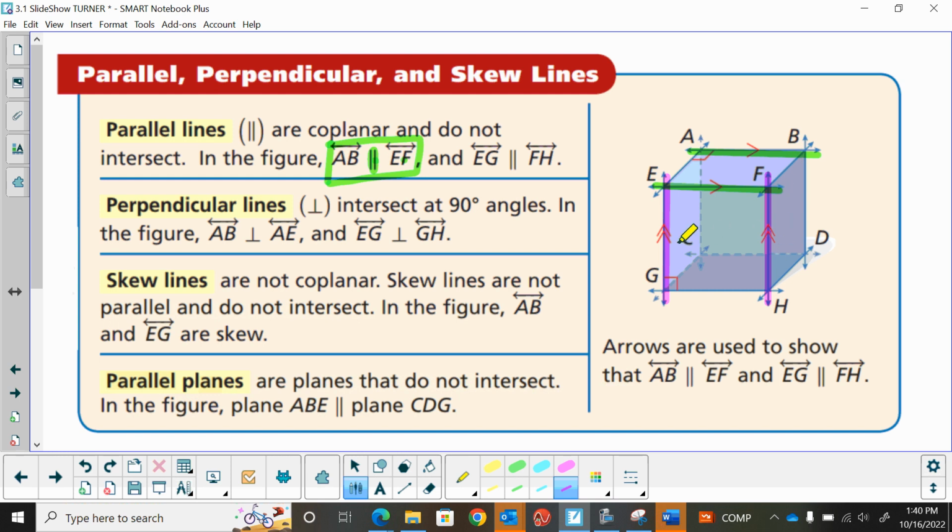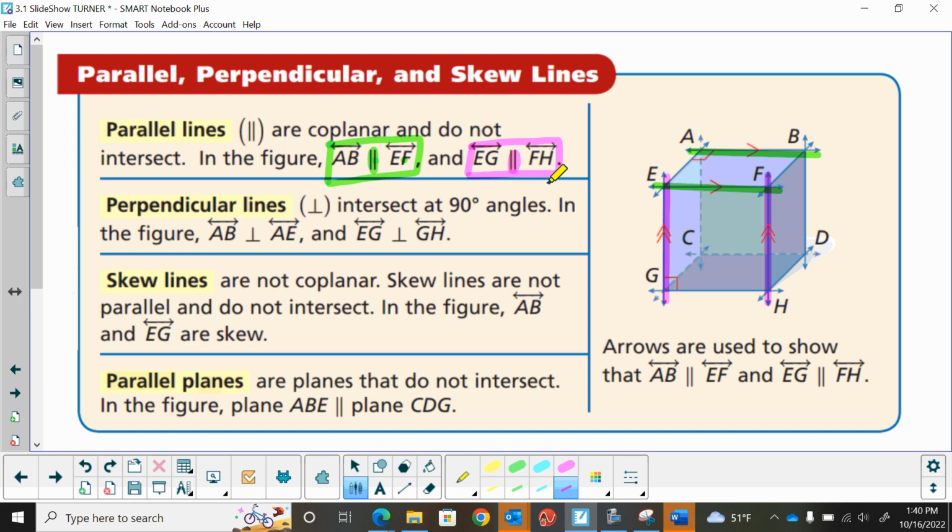You can see the symbol there on those 2 lines are those double arrows, indicating that those are a separate set of parallel lines. Again, we can state that using the names of the lines. So line EG is parallel to line FH. Okay, so those are parallel lines.